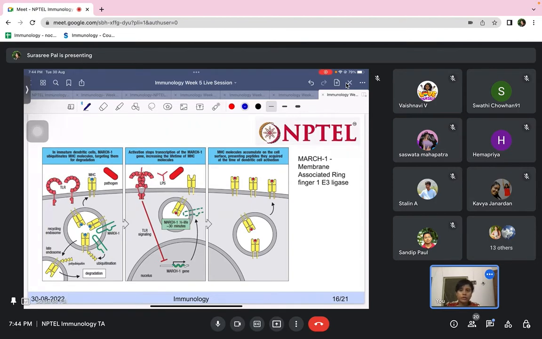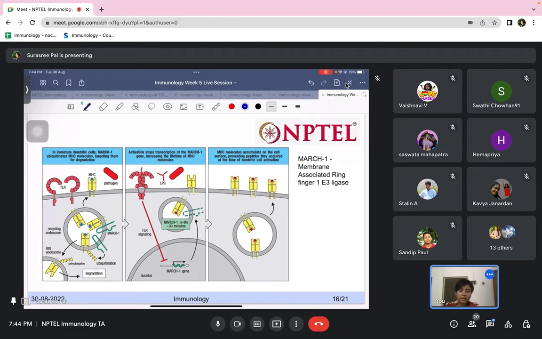So there has to be a system which will prevent further MHC recycling from the surface.